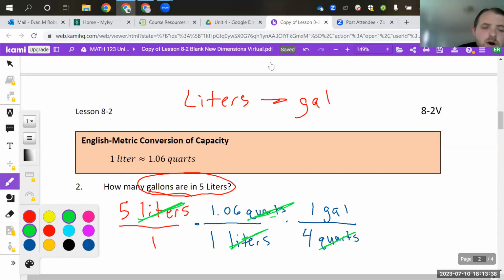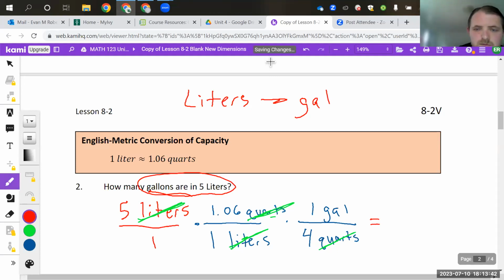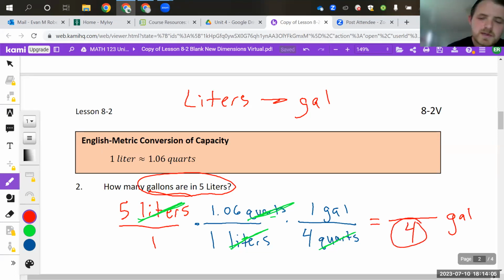So all I'm left to do here, oh, my microphone changed, excuse me. Okay, great. The only unit left is gallons. The denominator is 1, 1, and 4, so that just stays as a 4. Again, sometimes people want to call that a 6, but make sure you multiply.